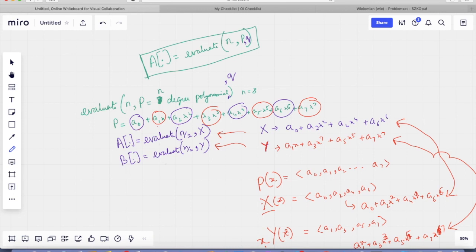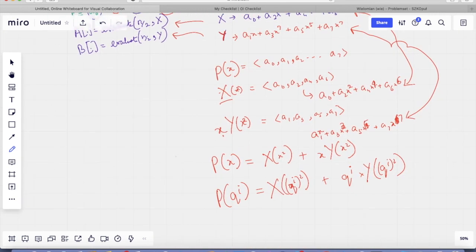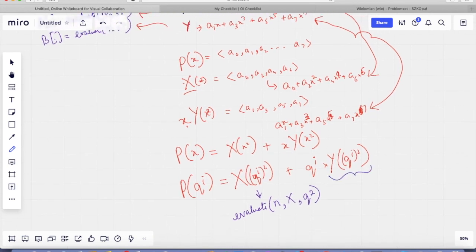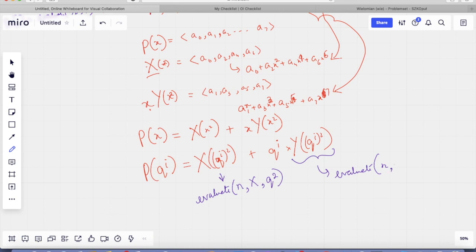Now what we can do is, we can say that this is somewhat equivalent to evaluate n comma x comma q square, and this portion is equivalent to evaluate n comma y comma again q square.